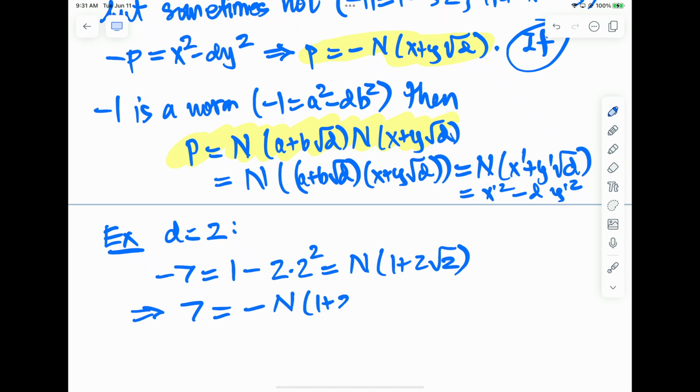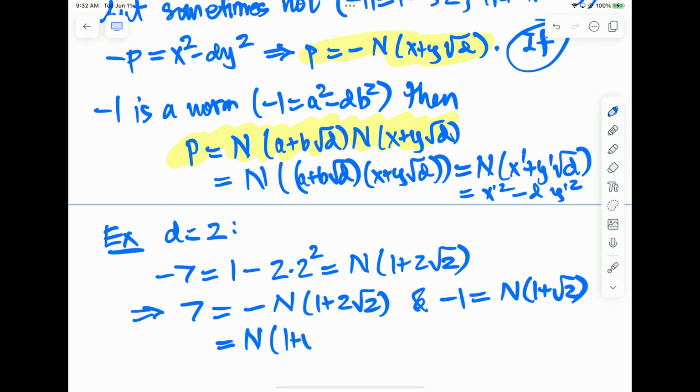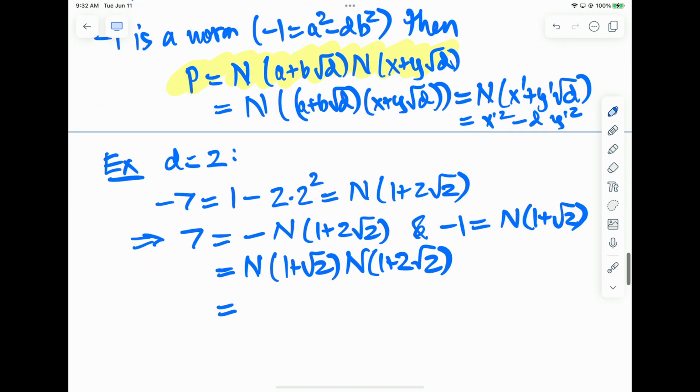But the point is, minus 1 is itself a norm of 1 plus root 2. Right? The norm for d equals 2 is x squared minus 2y squared. 1 minus 2 is minus 1. Minus 1 is a norm. And so if you write that as a norm, then you can bring them together on the inside.